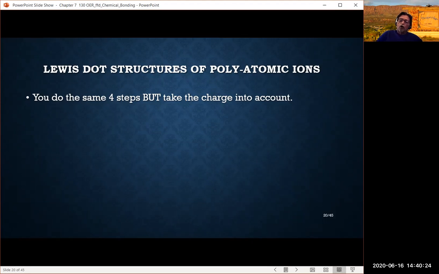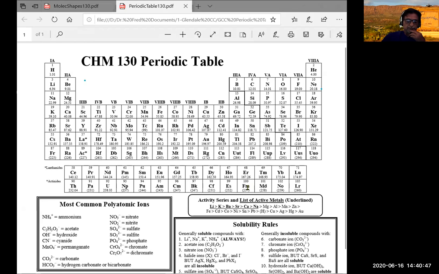So we have what are called polyatomic ions. Let me pull these up real quick. We're going to use this quite a bit. The polyatomic ions are on the periodic table.